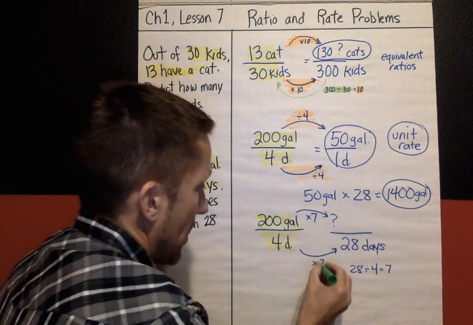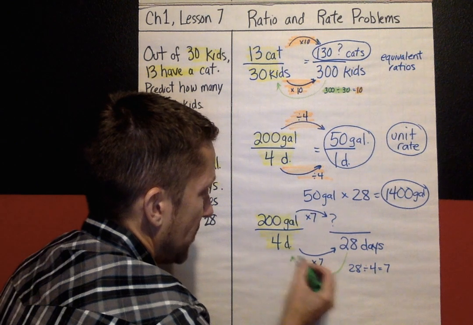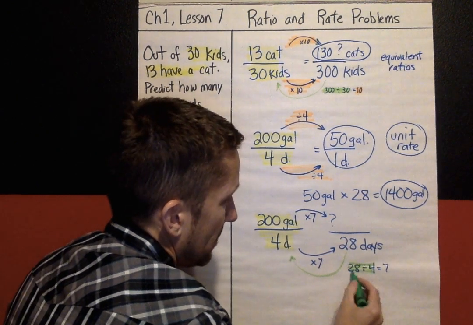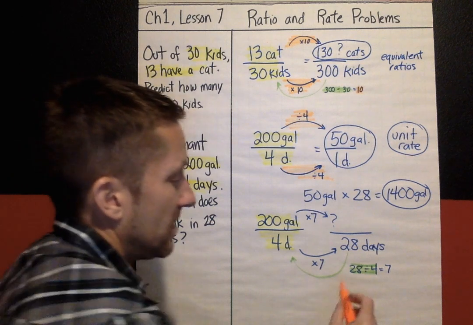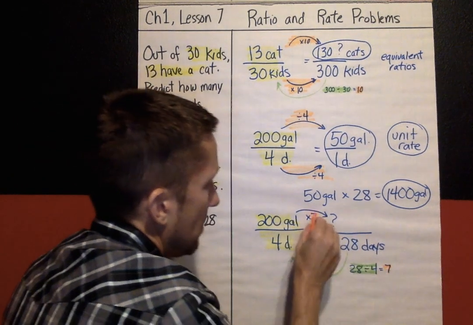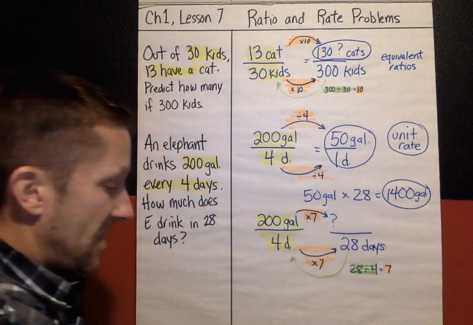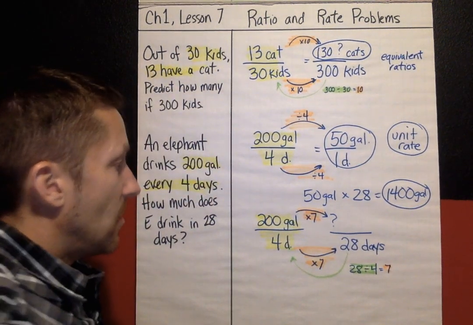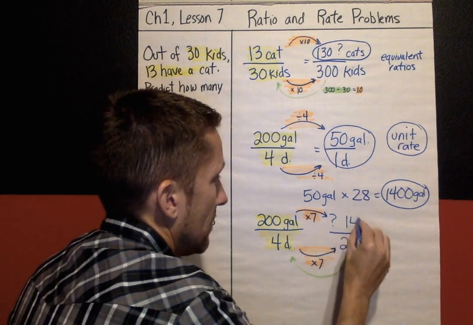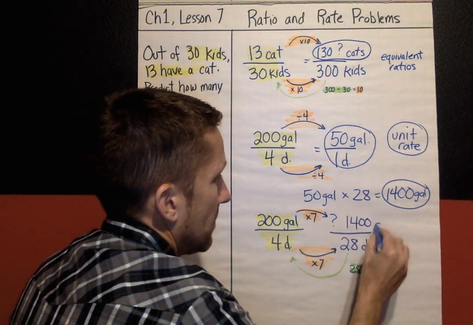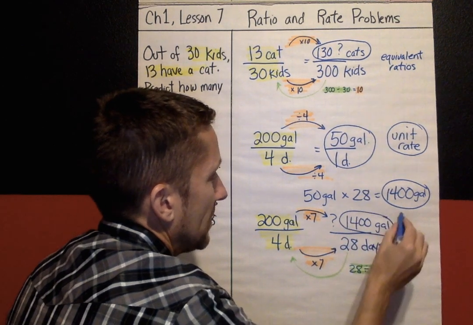And if we're not sure what this number is, you would divide in this direction. That gave us the 7, times 7, times 7. Well, now I do 200 times 7 and I get the same number. I get 1,400 gallons.